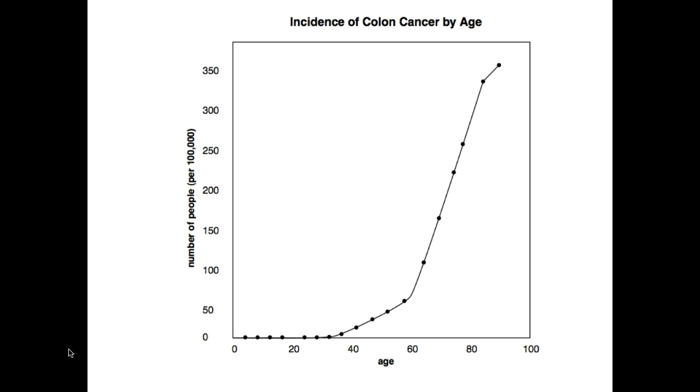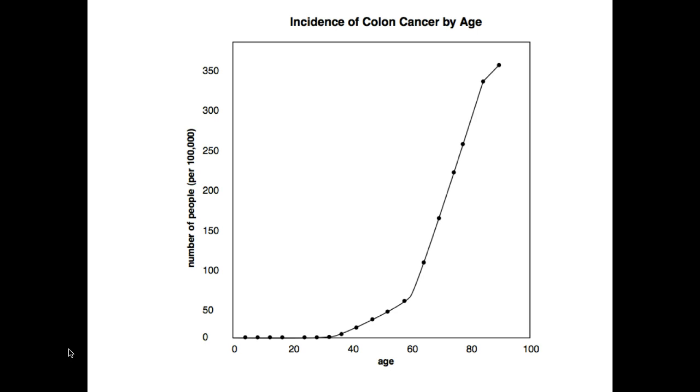Number three asks how likely is it that someone who is 80 years old will develop colon cancer. Take a look at the graph, and you should be able to predict about 350 out of 100,000 will.